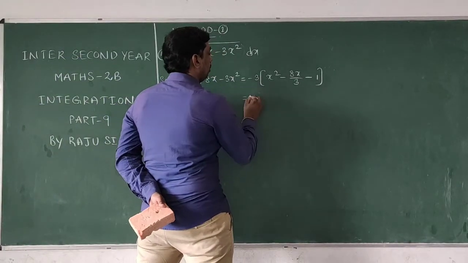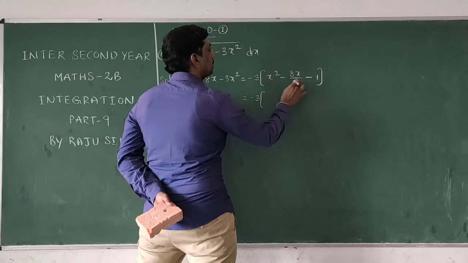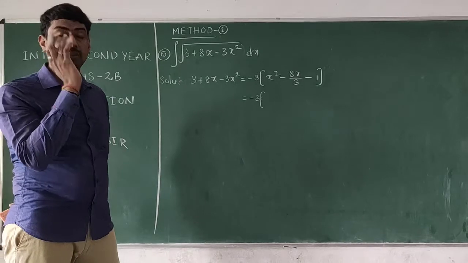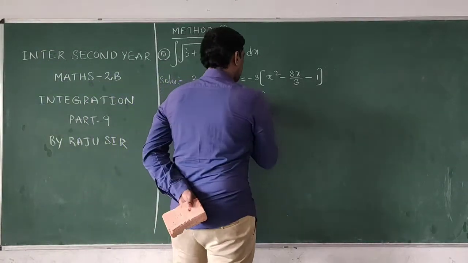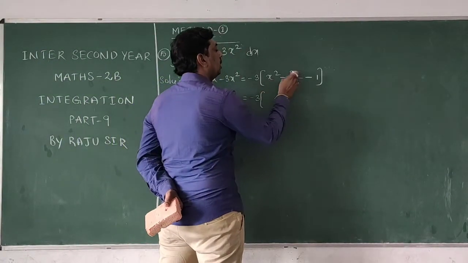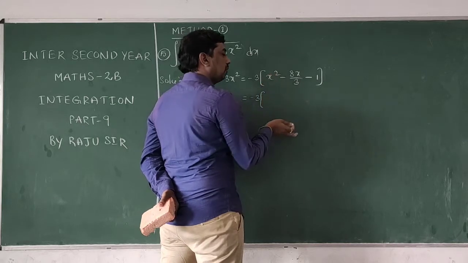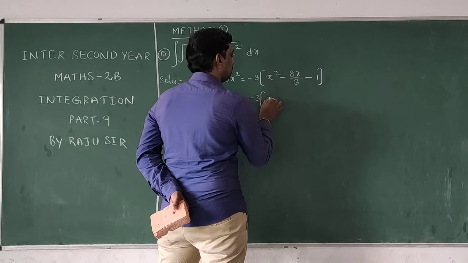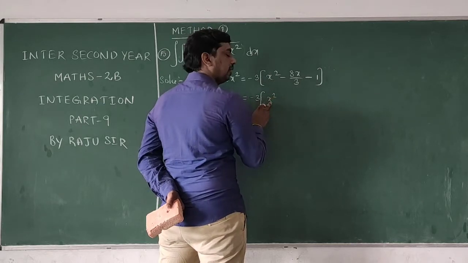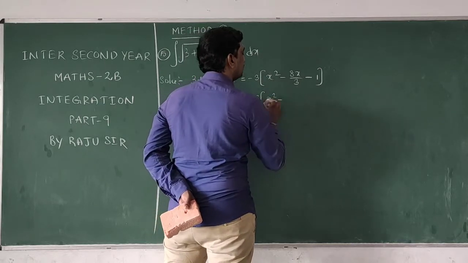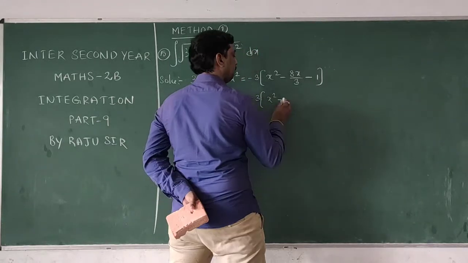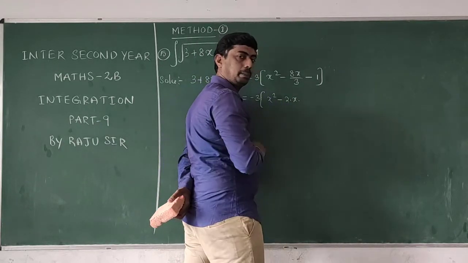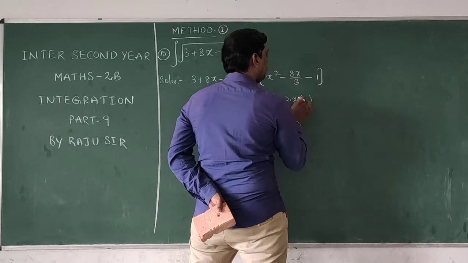Now, minus 3 into, transform this into the form a into x plus alpha whole square plus beta square. In order to transform into x plus alpha whole square or x minus alpha whole square, here we have x square, and for the x term we need 2ab, 2 into a value into b value.